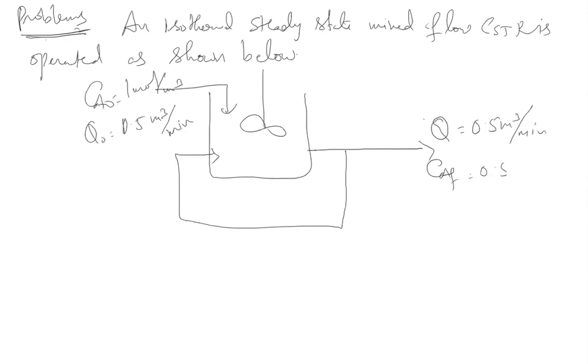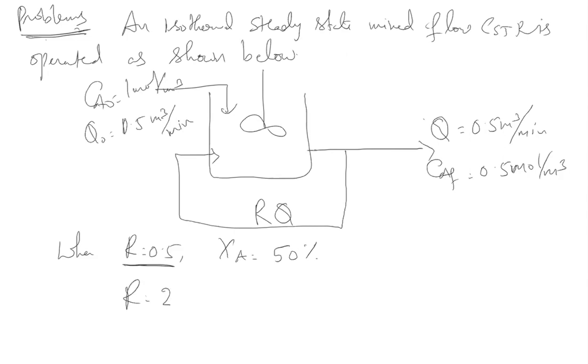CAF is 0.5 mole per meter cube. The recycle flow rate is R times Q. The question is, when R is 0.5, the conversion is 50%. When the recycle ratio is 0.5, the conversion is 50%. If R is equal to 2, what will happen to your conversion?